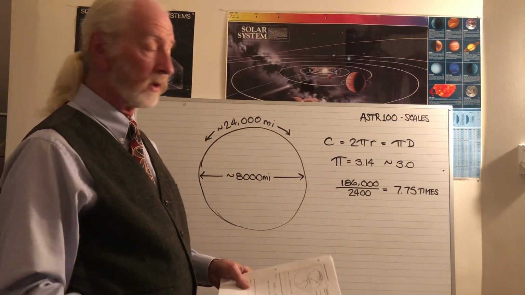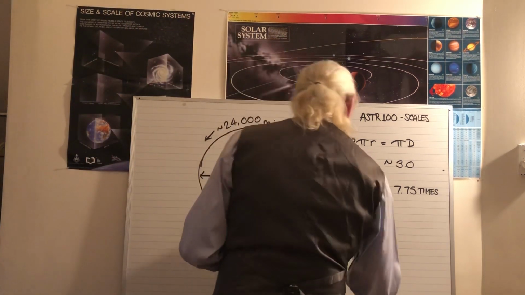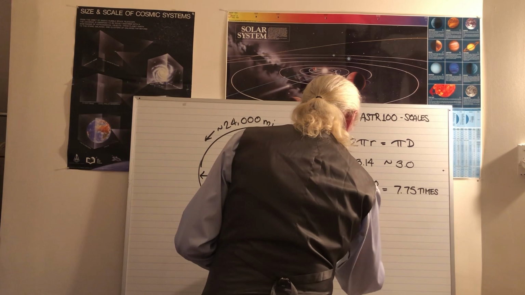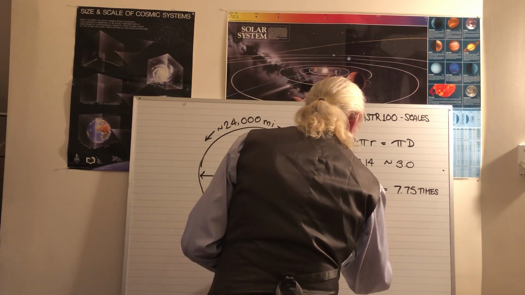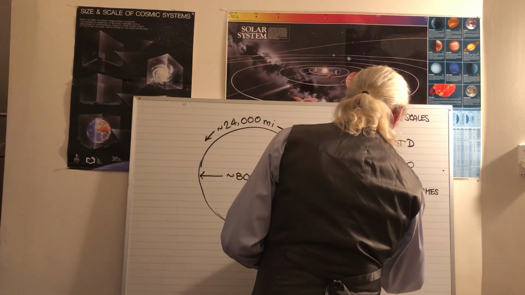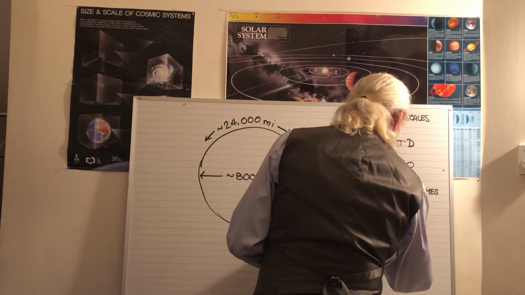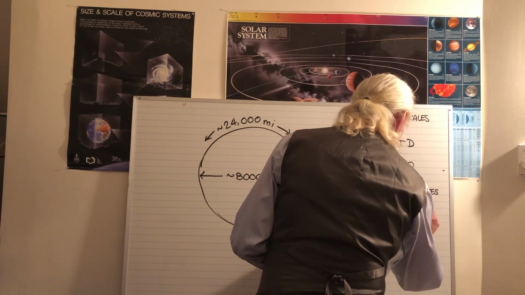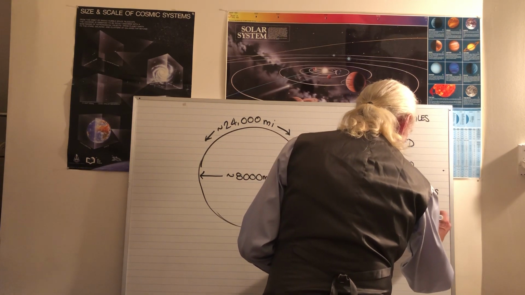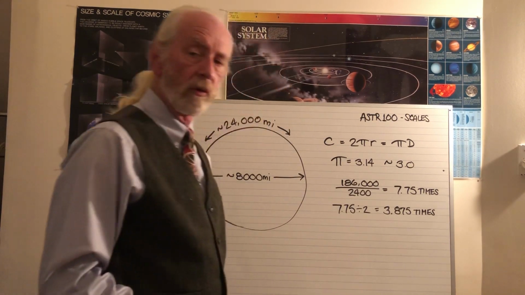Or, if we wanted to see how far we'd go in a half second, we divide that by half: 3.875 times, just a little under 4 times.